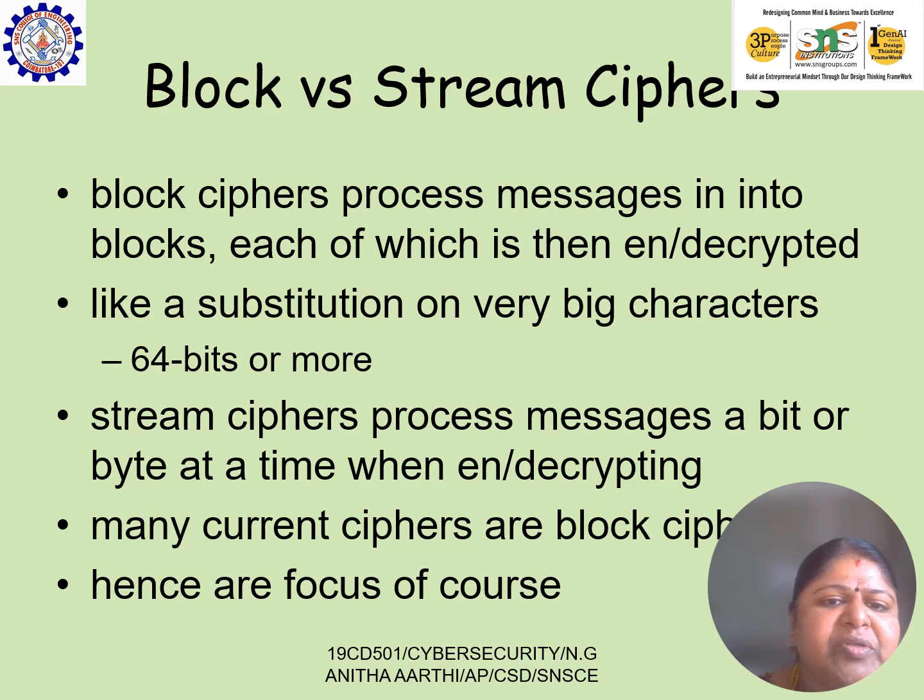The block cipher processes messages in blocks, each of which is then encrypted or decrypted, like a substitution on very big characters, like 64 bits or more. Stream cipher processes the messages a bit or byte at a time when encrypting or decrypting. Many current ciphers are block ciphers, hence we focus on the block cipher techniques.